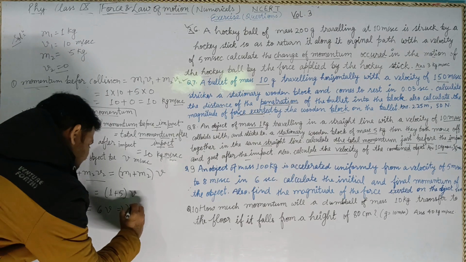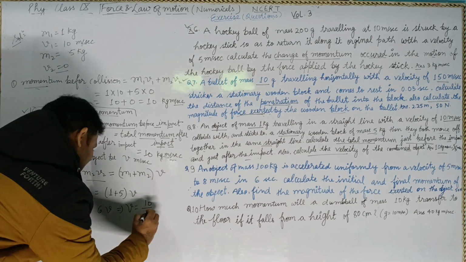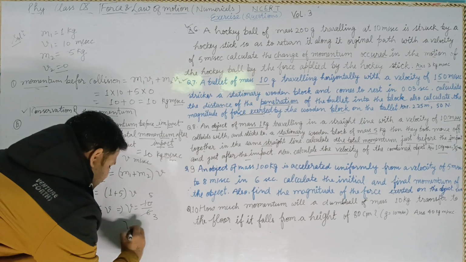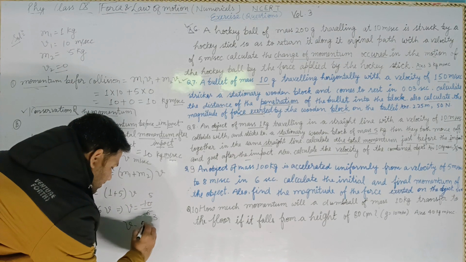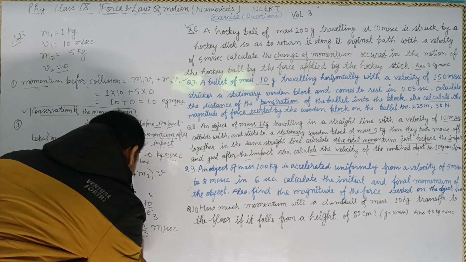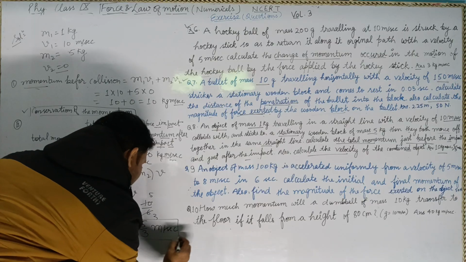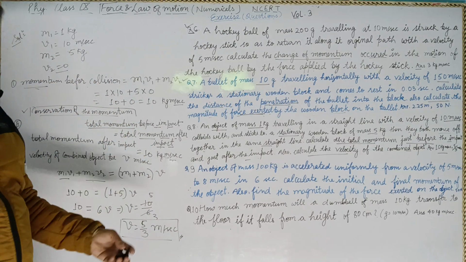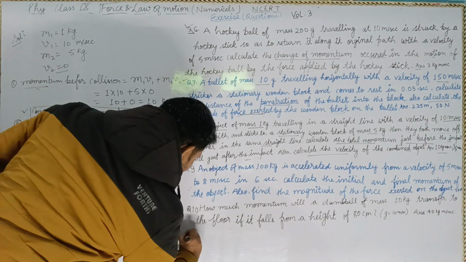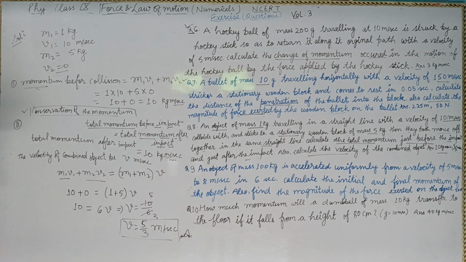We have to find v is equal to 10 by 6, which gives v is equal to 5 upon 3 meters per second. It is the velocity of the combined object. In this way we solve question number 8.